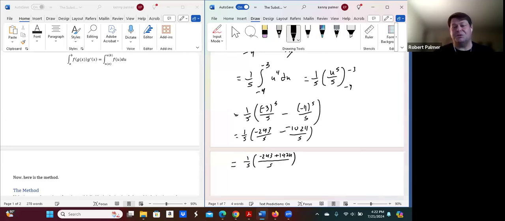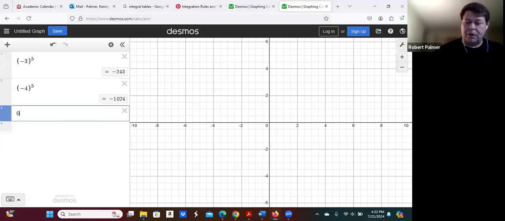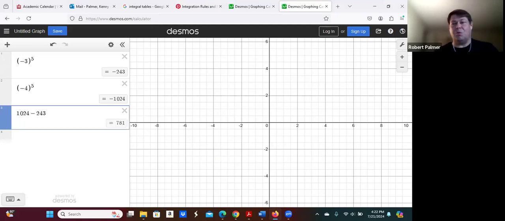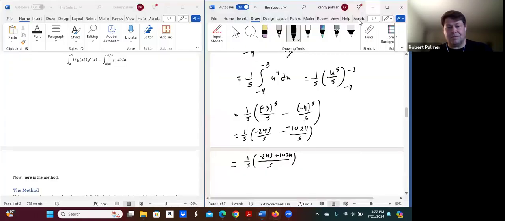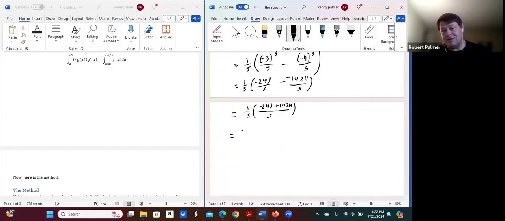Let's use Desmos or a calculator; we don't need to try to do that in our heads. 1024 minus 243 is going to be positive 781. So it's going to be positive 781 over 25. It's not going to reduce, we know, because 25 is just 5 times 5. So that's our final answer.